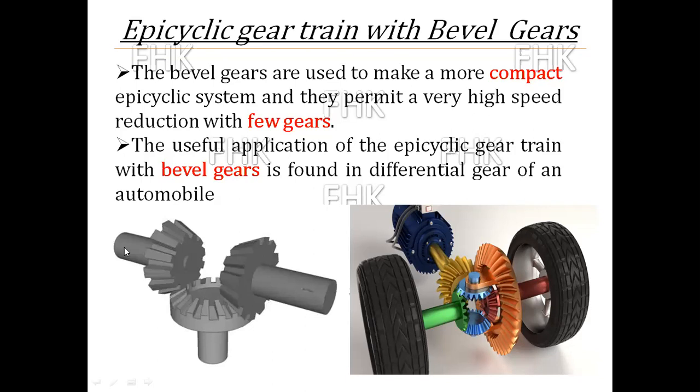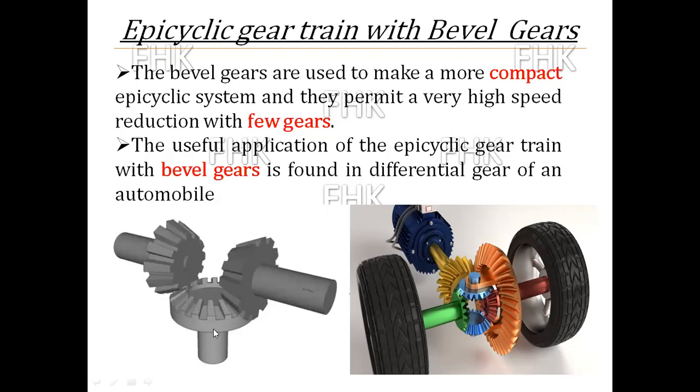Why? Because both the axes of rotation of the shafts are in a single plane, so the axes are intersecting axes. As you can see, the motion is transmitted perpendicularly due to these bevel gears.